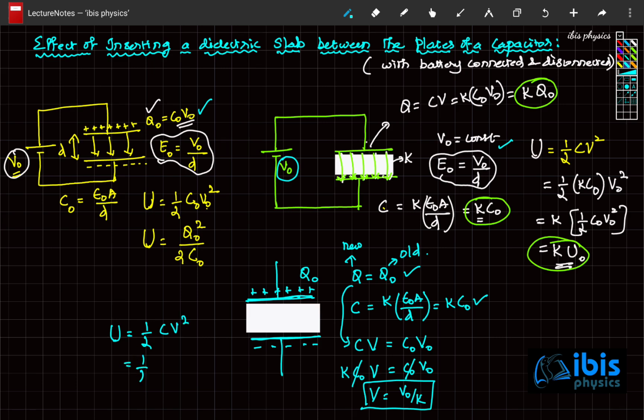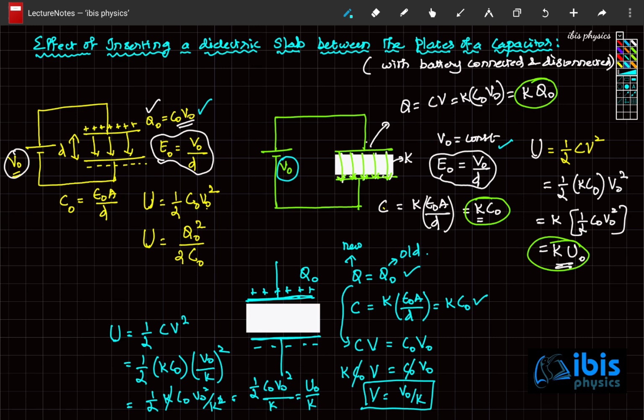Now the capacitance is K times C naught and the potential is V naught by K, whole square. So it is half K C naught V naught square by K square. K and K square will cancel, so half C naught V naught square by K. So the new energy is U naught by K, because half C naught V naught square is U naught.